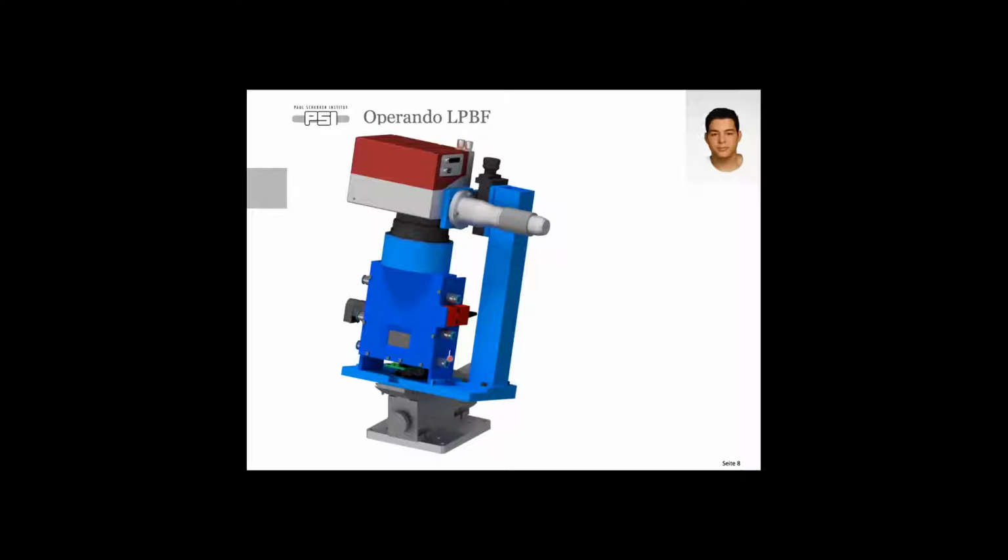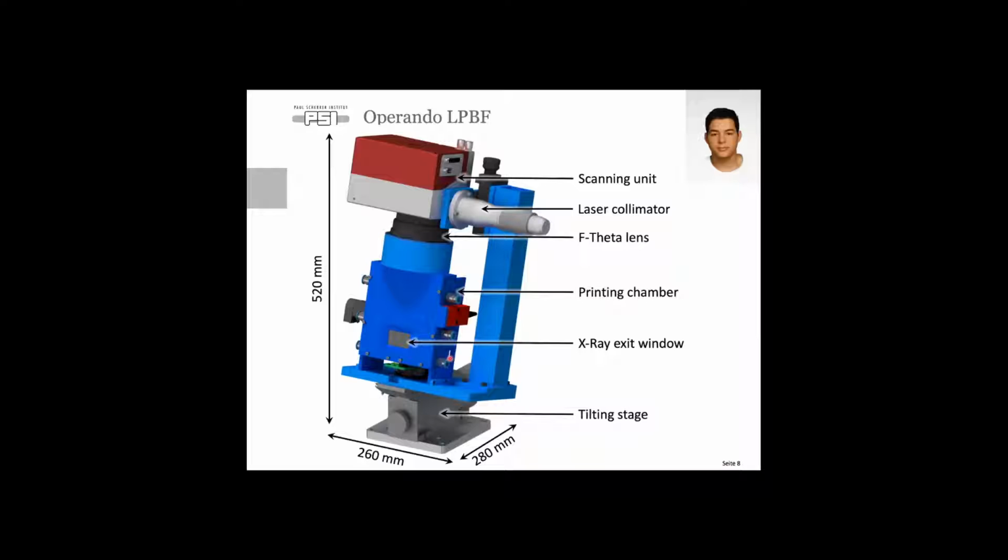I will start off now with the device itself that we built a few years ago. It was built by Sami Hossein, shown here on the top right. The first thing that we notice about this device are its dimensions. You can see it's fairly small, only 50 centimeters high, and so this can be easily transported to different synchrotrons and installed at different beamlines where space sometimes is restricted. We see here at the top a scanning unit.